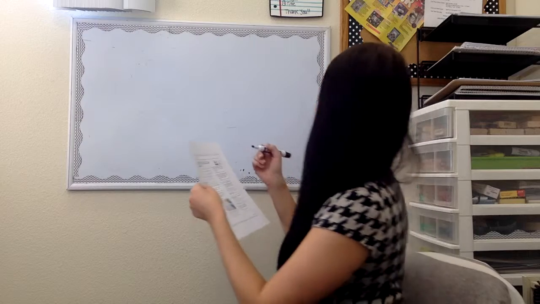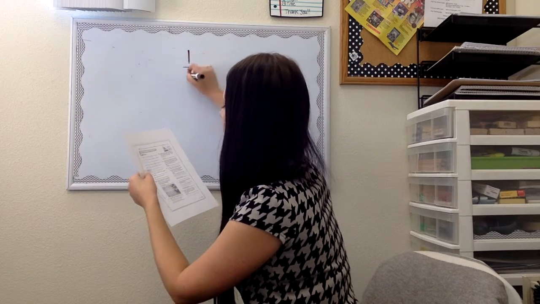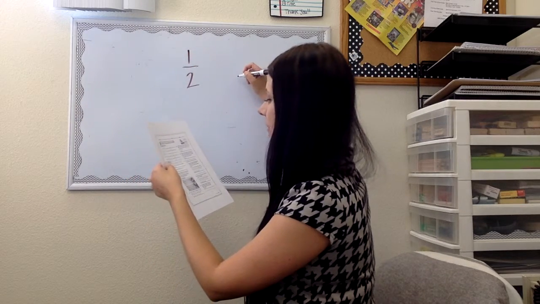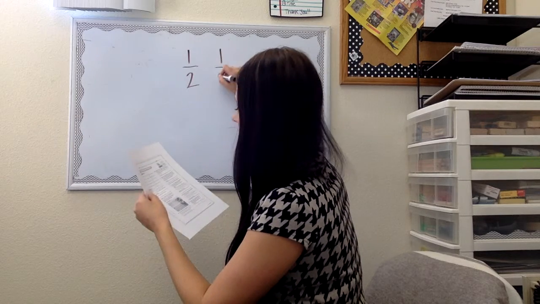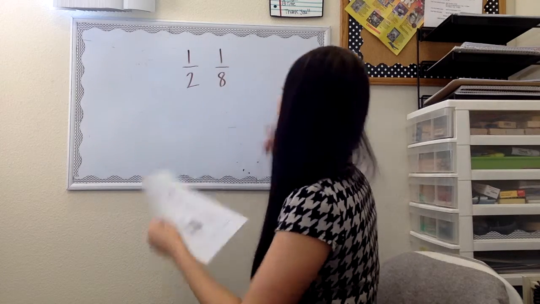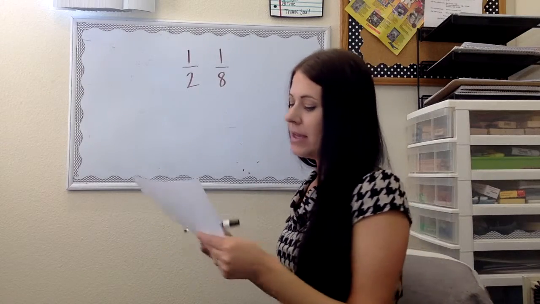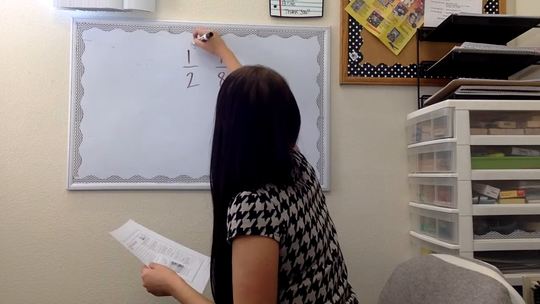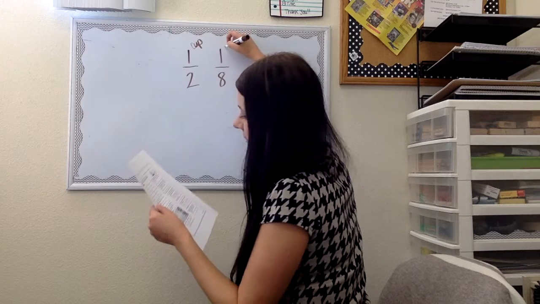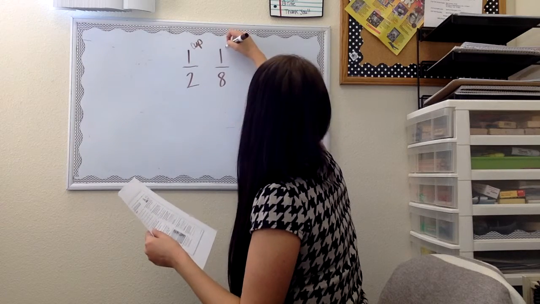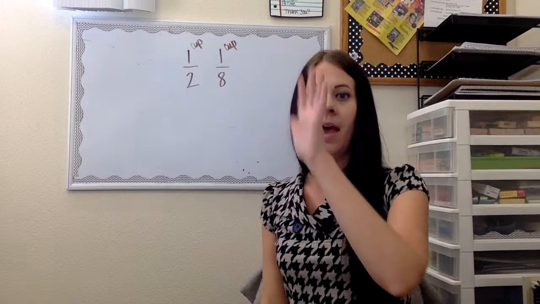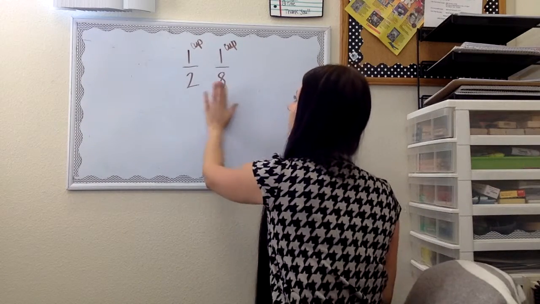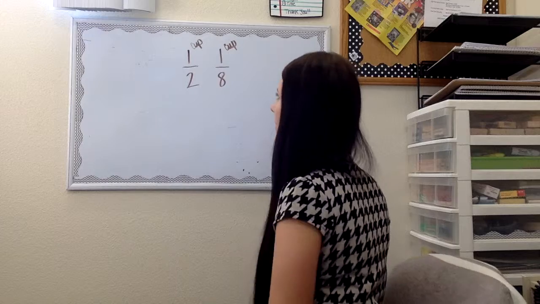So Allison has half a cup of yogurt for making fruit parfaits. Each parfait requires 1/8 a cup of yogurt. How many parfaits can she make? Okay, so if she has half a cup and she knows each parfait requires 1/8 a cup, we really are asking ourselves, how many 1/8 fit into half a cup?